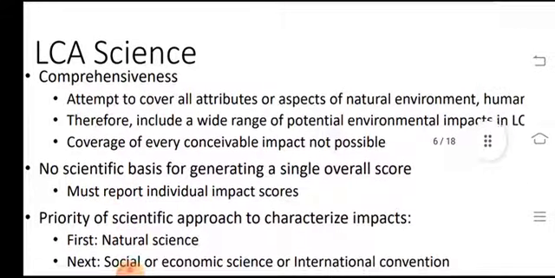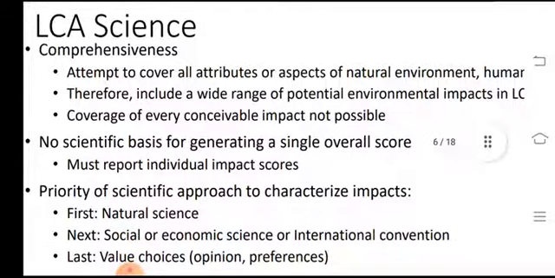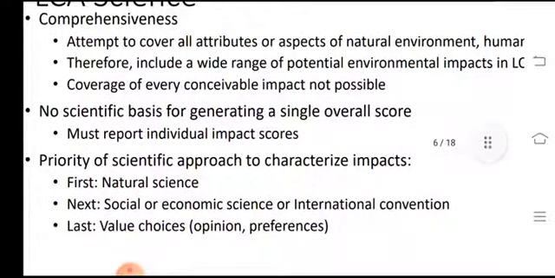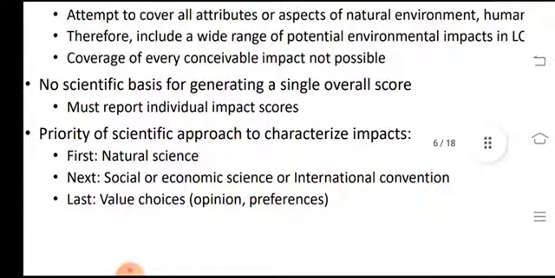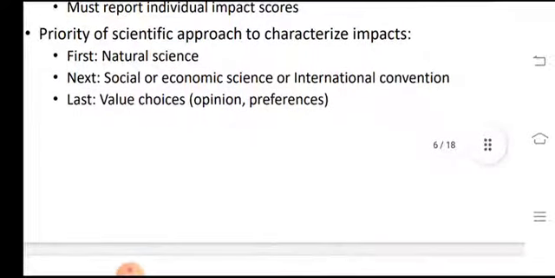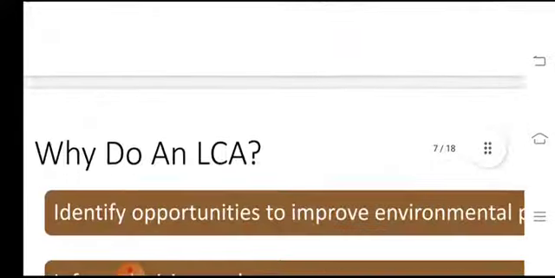So we have some LCA science comprehensiveness, an attempt to cover all the attributes of the natural environment. So it is quite obvious. So natural science, social and economic science, international convention, value choices.